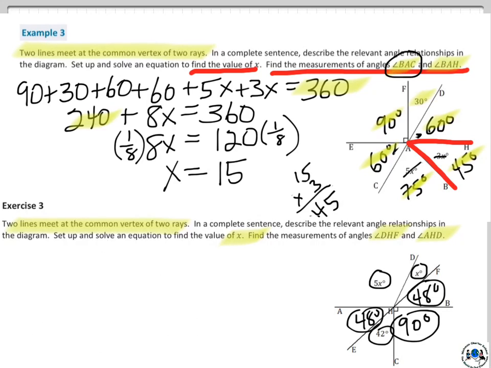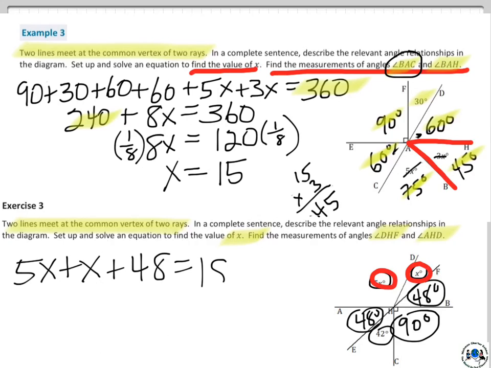All right, so it's going to go 5x plus x plus 48 equals 180. 6x, I'll just subtract that 48 away, equals 180 minus 48, what is that, 132. So 6x equals 132, and you know what to do from here.